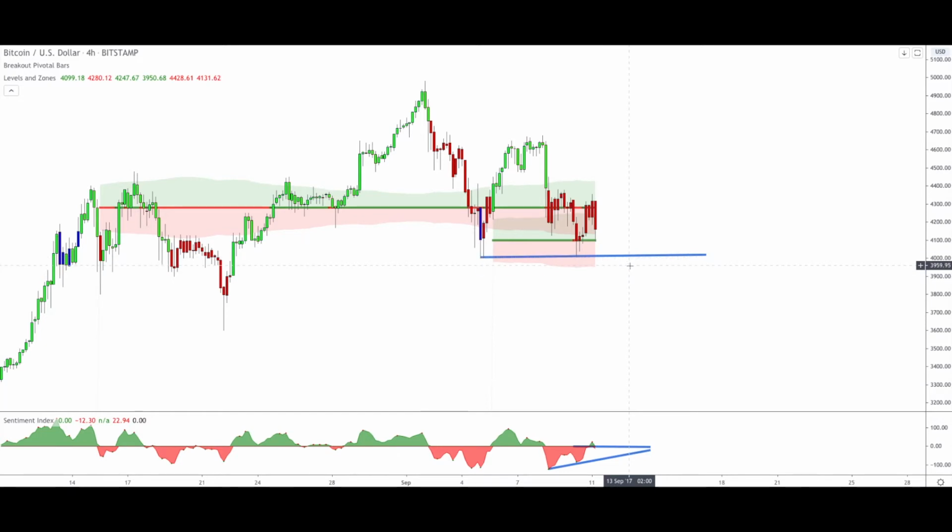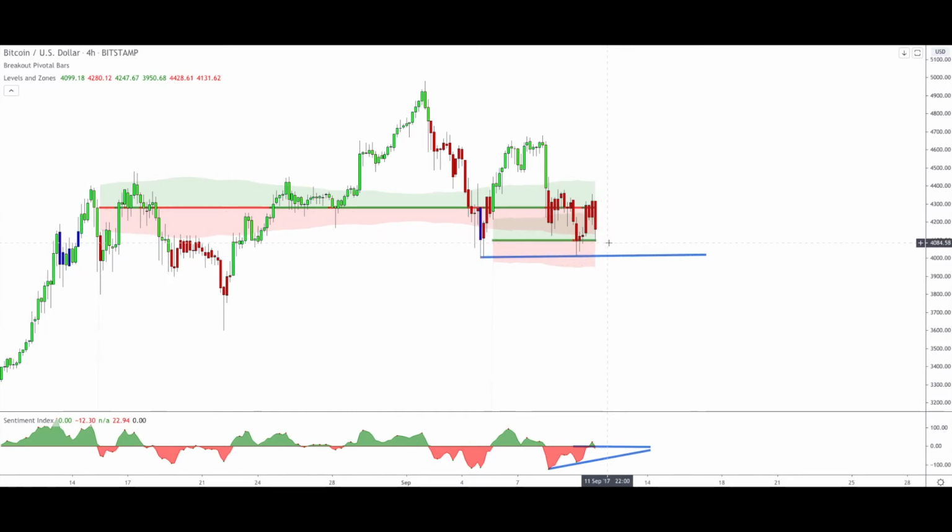Moreover, I'm using a third indicator, but not to build a setup, just to confirm the setup. So the levels and zones is currently saying that we have two supports, one here and one here. They are pretty close, but the interesting thing is that if the price goes down here and breaks down this consolidation, then it means that these supports both become resistances.